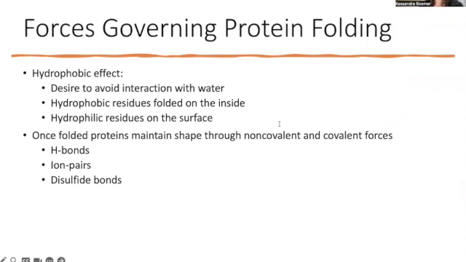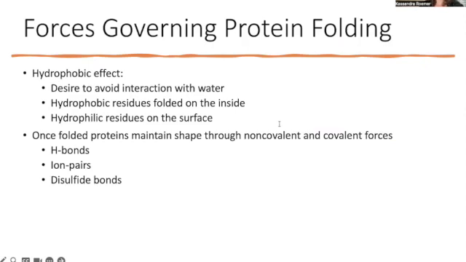Protein folding is usually governed by the hydrophobic effect, so the desire to avoid interaction with water. Again, we have hydrophobic residues folded on the inside of a protein, and the hydrophilic residues on the surface. Folding is guided by that hydrophobic collapse.